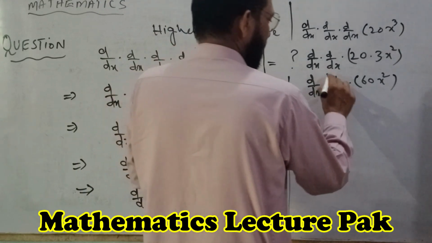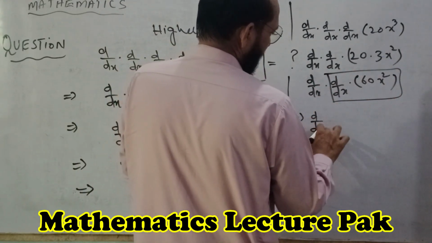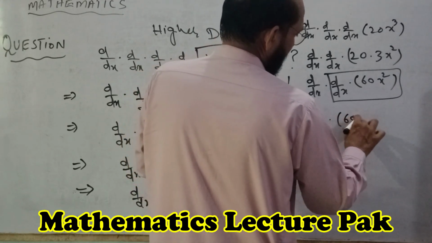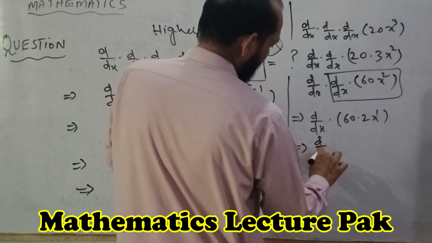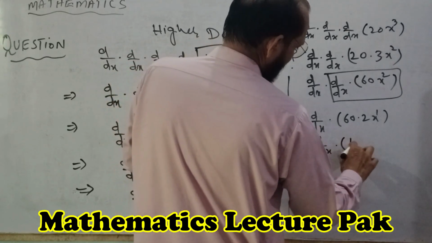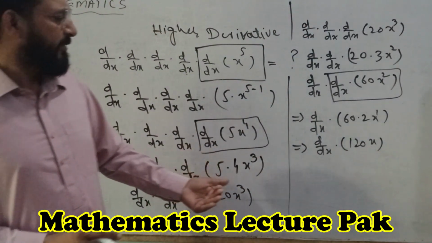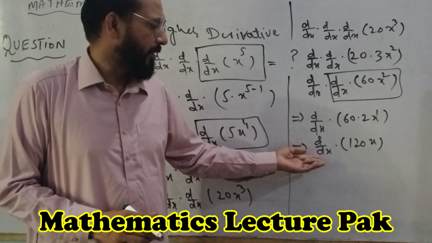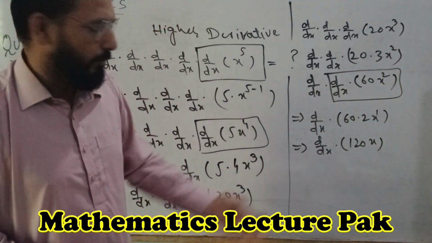Now we have to apply this derivative. d over dx, the power is first, 120. Okay. This is the last and the final derivative, d over dx of 120x, which is very simple.